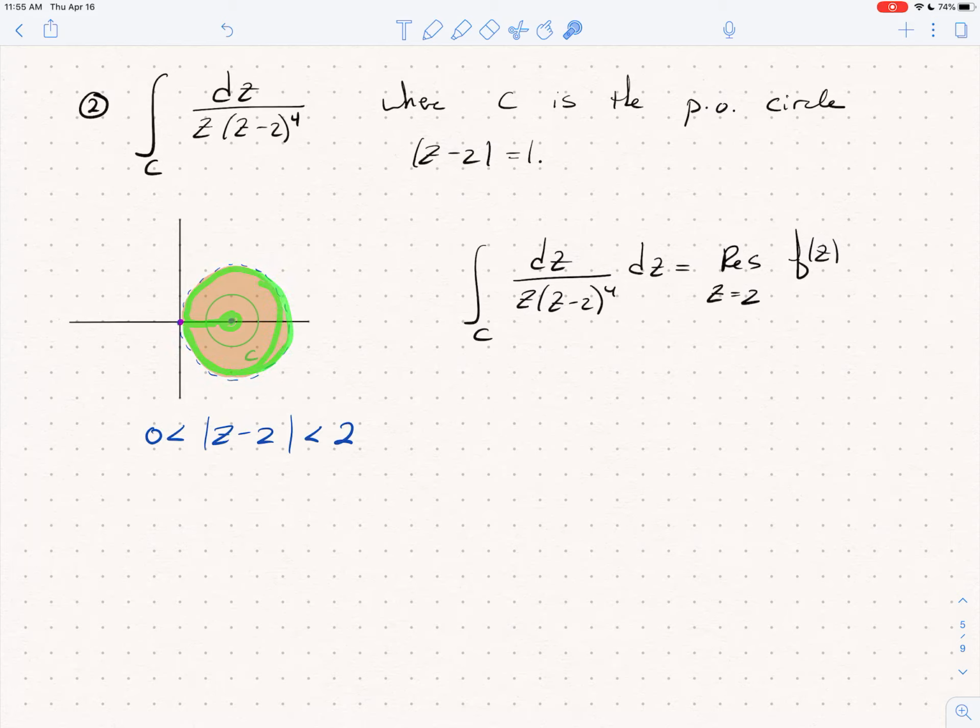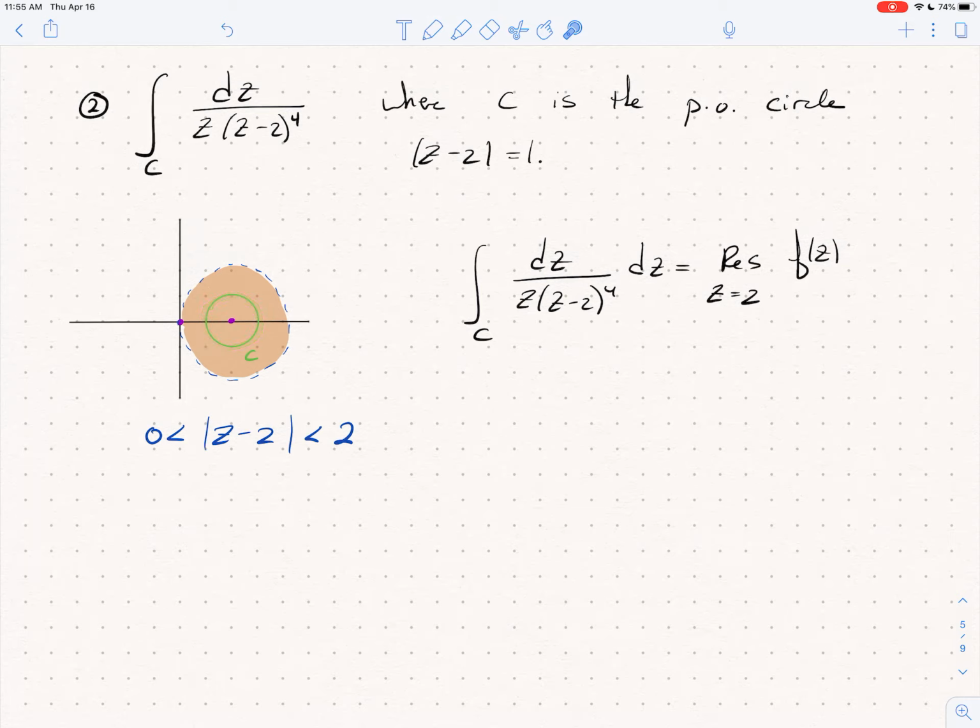So this is the circle centered at 2 with radius 2. Does that make sense? My function is analytic on this deleted neighborhood of 2 with radius 2. We're interested in the curve of radius 1 living inside there.